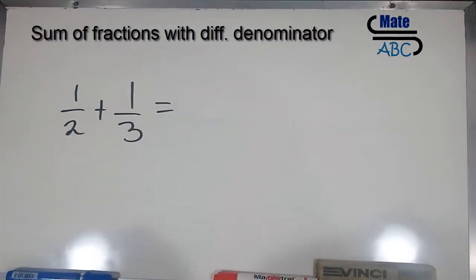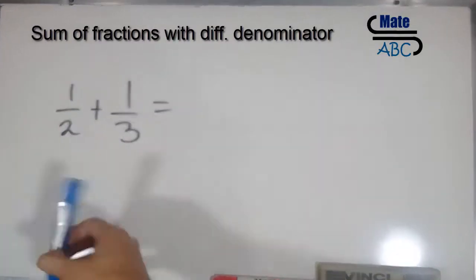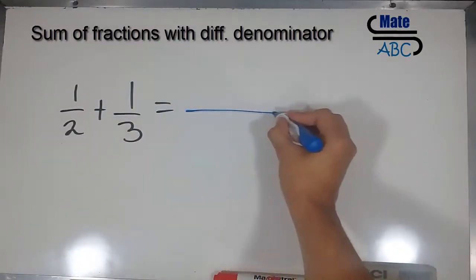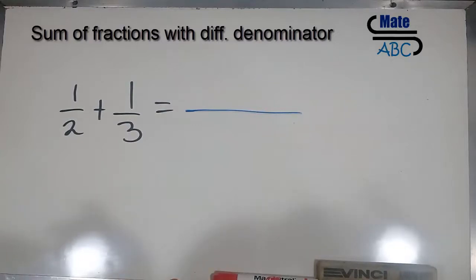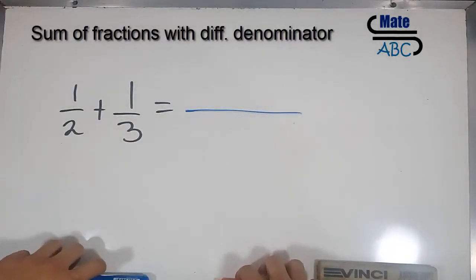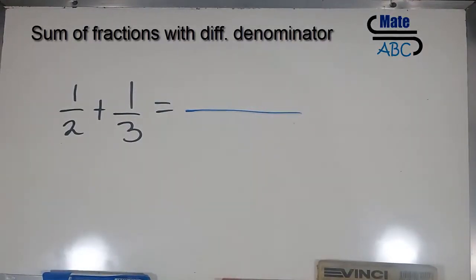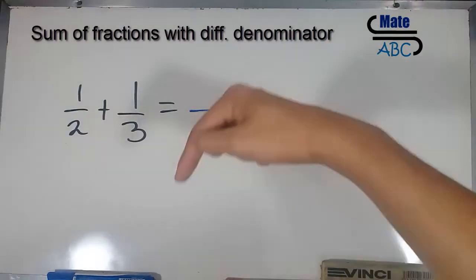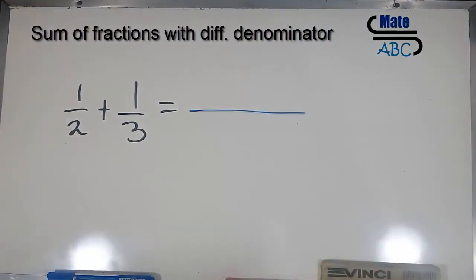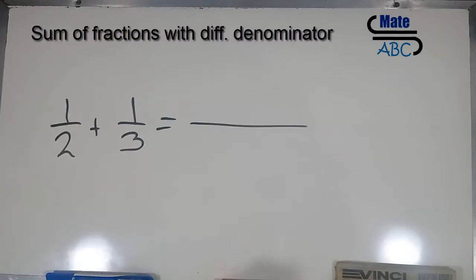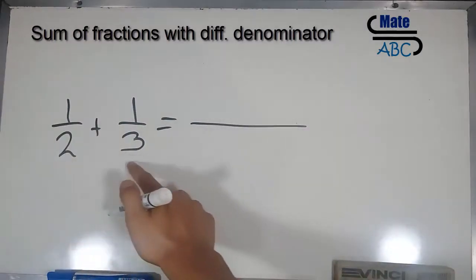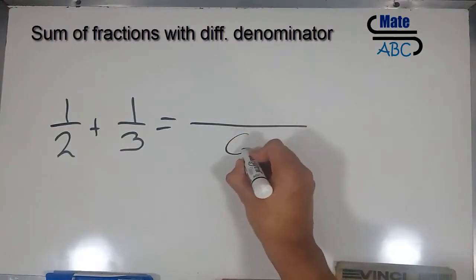First of all, we need to find the LCM or least common multiple, and if you don't know how to calculate it, let me know in the comments so you can watch the video. Okay, the LCM of 2 and 3 is 6.